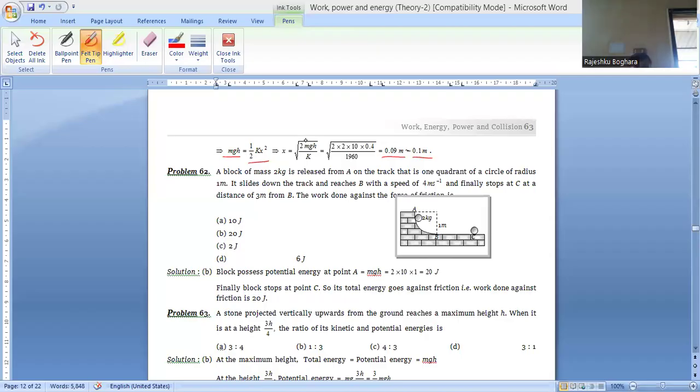So here we write 10^4 into 20. Power unit is watt. So 2 into 10^5 watt means 200 kilowatt. Questions like this can come in NEET, or any competitive exam like UPSC, GPSC.